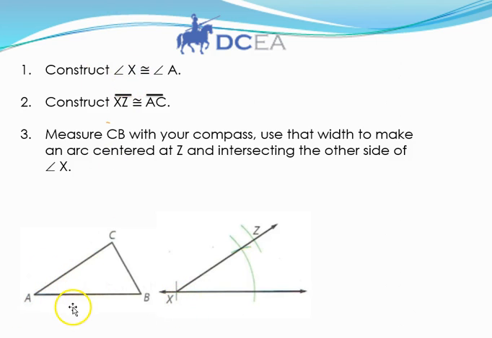So you'll be copying angle A, and then you'll make that congruent on line X and create angle X. Then you'll construct ray XZ congruent to AC. After you've done that, you measure CB with your compass. You use that width to make an arc centered at Z and intersecting the other side of angle X.